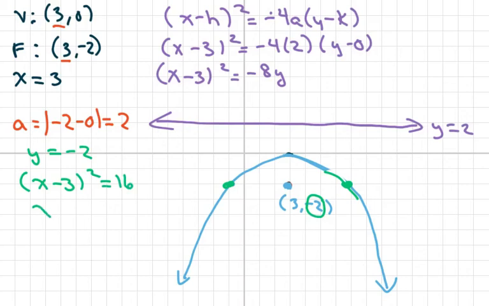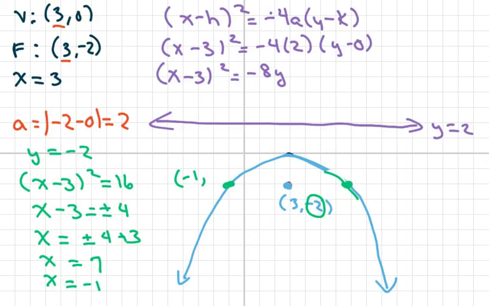Square root both sides, you get x minus 3 equals plus or minus 4. Then add the 3. So x equals plus or minus 4 plus 3. So x equals 7 and x equals negative 1. So the points are negative 1, negative 2, and 7, negative 2. And that's all.